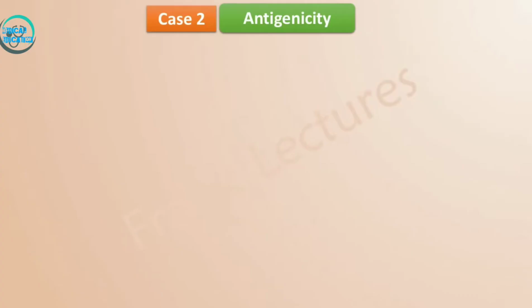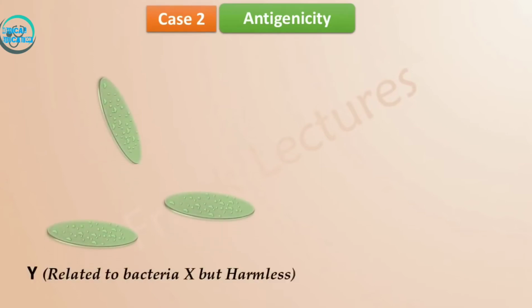Now, suppose a related but harmless bacteria, say Y, with similar epitopes invades the body. This time, since antibodies specific to the epitopes of this bacteria are already present inside the body, these antibodies bind to invaded bacteria.